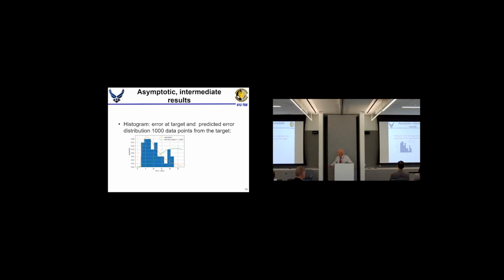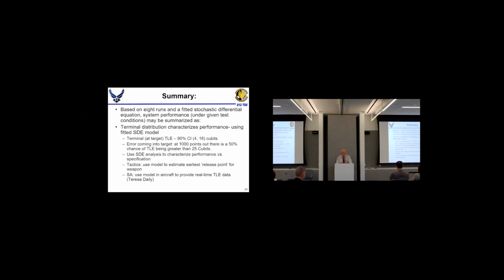And the blue distribution was something like 1,000 points from the target. That was some range from the target. But everything in this data set is in data point number, not range. I did that so I could get the data released. And this is basically what the total result turned out to be.